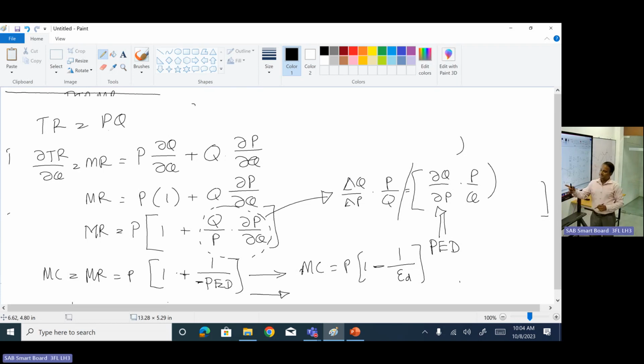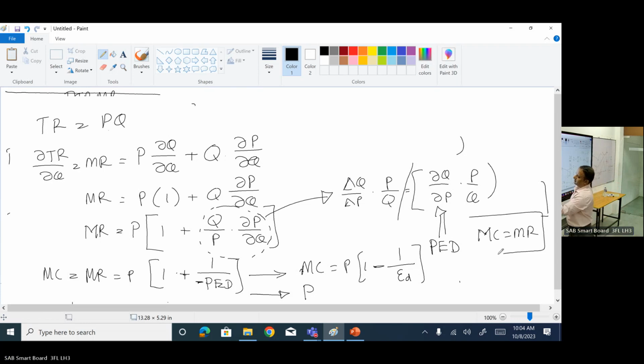So you can take the price, that is the optimum price. This is the profit maximizing condition: MC equal MR is the profit maximizing condition.